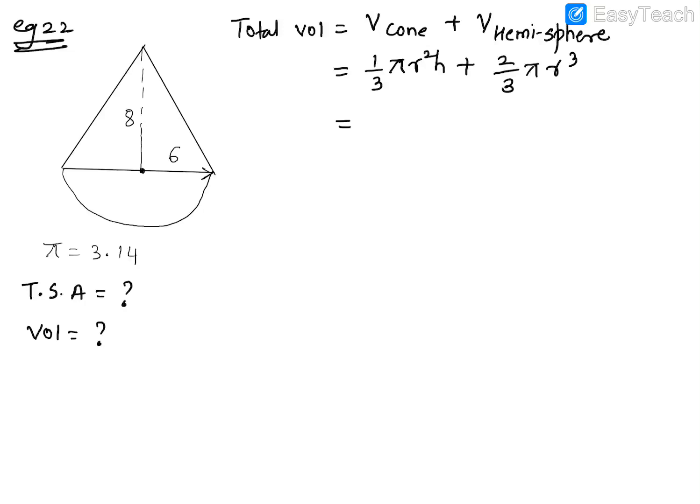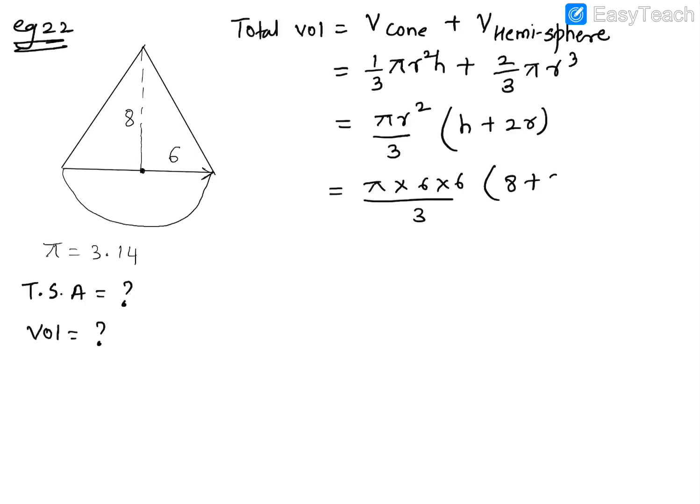We can take pi common, r squared common, and upon 3 common. In brackets h plus 2r. So now we've got pi into 6 into 6 upon 3, in brackets 8 plus 2 into 6.